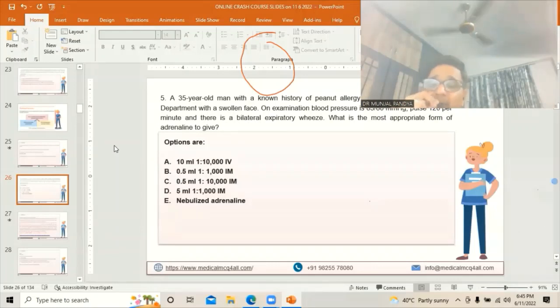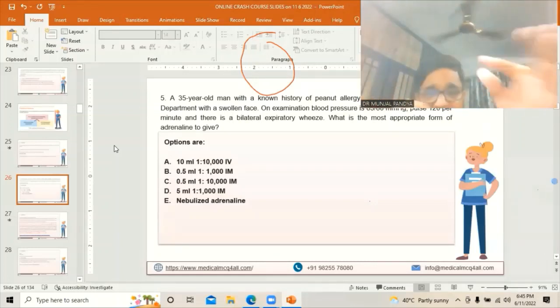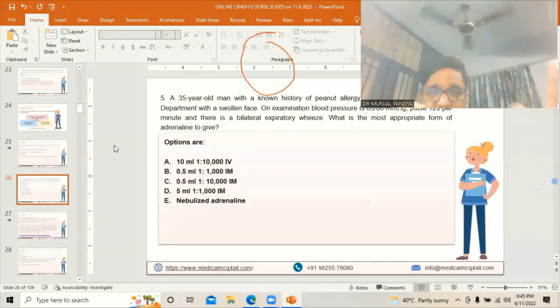I have taught thousands of doctors so far, and commonly, before reading the question, they are looking for the answers A, B, C, D. Don't do that. Look at the question and make an impression. What is the investigation? What could be the diagnosis? What could be the treatment? Ask these 3 questions to yourself for every MCQ, then you are a master, believe me. So apply this formula here.